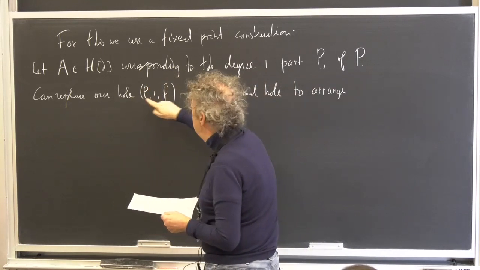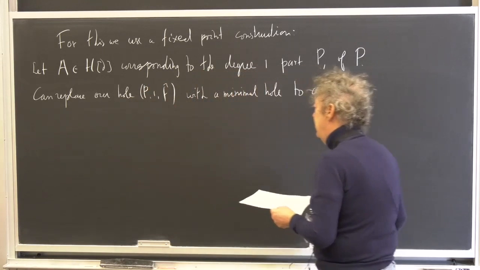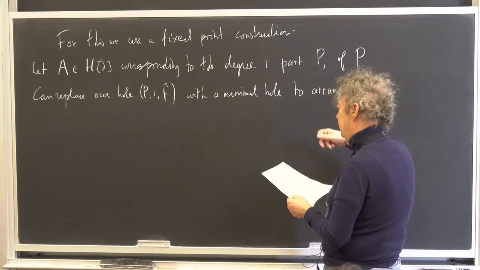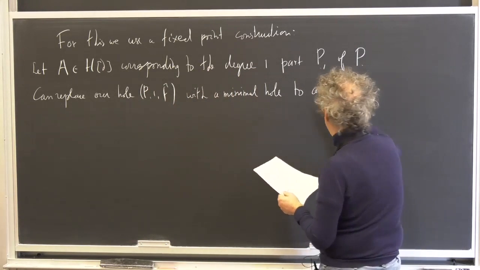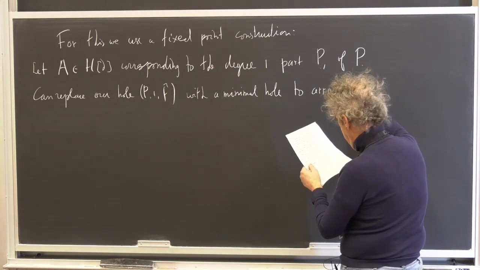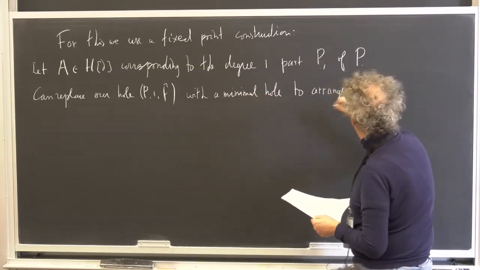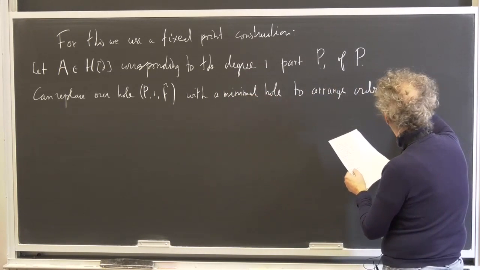We have to do so many replacements and conjugations. I can't keep introducing new names for the hole. So I'm just arranging here that the order of A, the new A, but I'll call it, is also R.